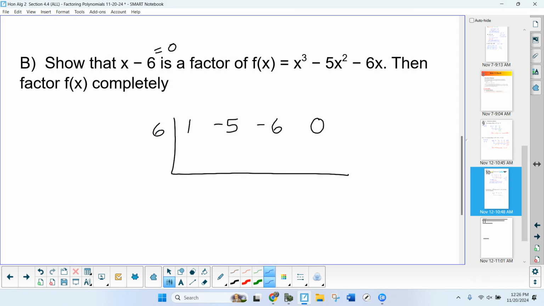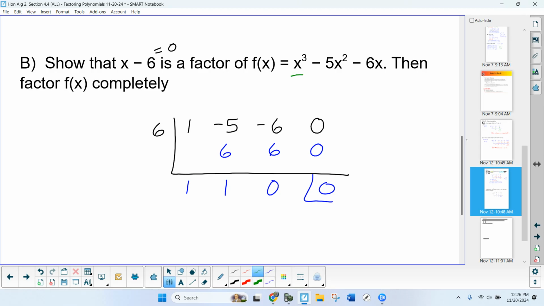Everybody help me work with it. Bring down the 1. Multiply, you get. Add, you get. Multiply, you get. Add, you get. Multiply, you get. Add, you get. Okay. Is it a factor like they told you it was? Okay. What's your answer?